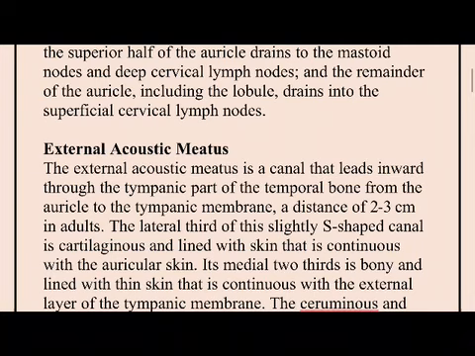Now let me talk about the external acoustic meatus. The external acoustic meatus is a canal that leads inward through the tympanic part of the temporal bone from the auricle to the tympanic membrane.